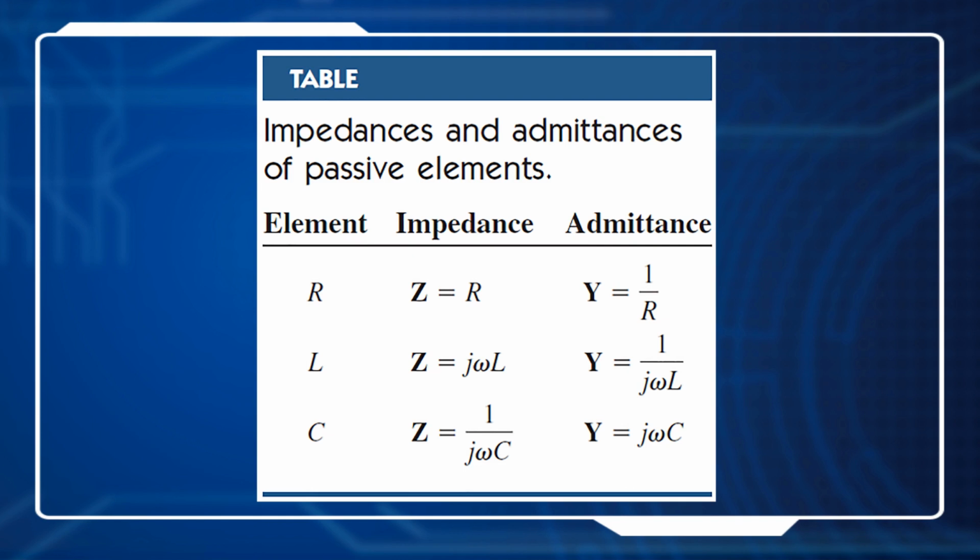For the resistor, the impedance equals R, and the admittance equals the reciprocal of R. For the inductor, the impedance equals J omega L, and the admittance equals the reciprocal of J omega L. For the capacitor, the impedance equals 1 over J omega C, while the admittance Y equals J omega C.